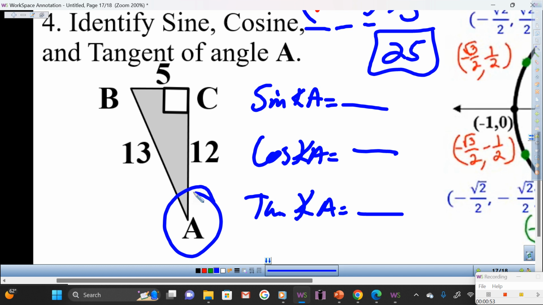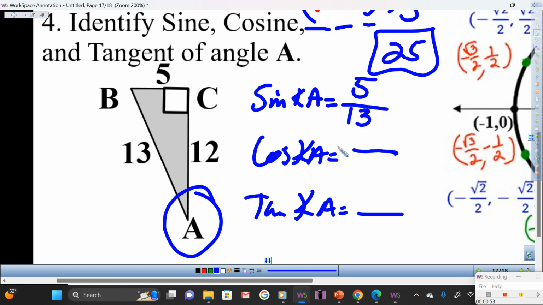All right, Ivan, get us started. Sine angle A. Five over 13. That is correct.